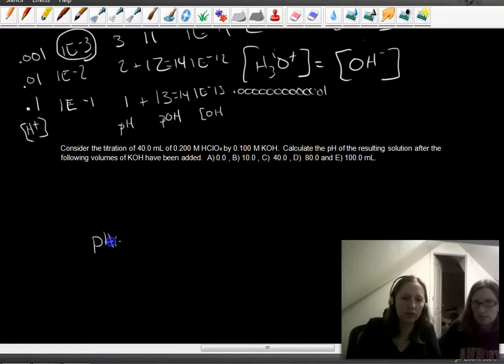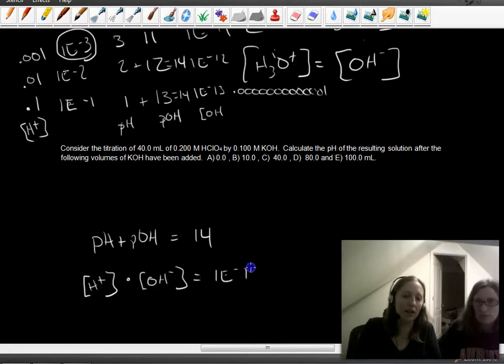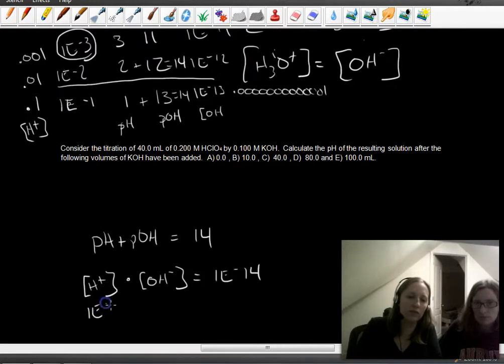So pH plus pOH always equals 14, and your H plus concentration times your OH minus concentration always equals 1e to the negative 14. You can see, for example, this one here, 1e to the negative 2 times 1e to the negative 12.